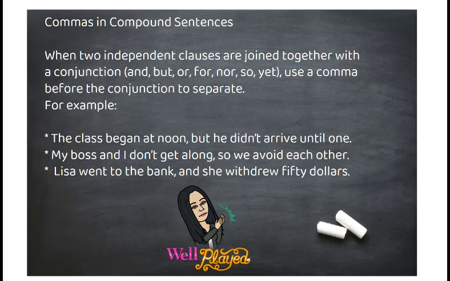A quick review: whenever we use those with a comma, we are checking to see if what comes before and what comes after are both complete sentences. So we have: The class began at noon. He didn't arrive until 1. Complete sentence, complete sentence.